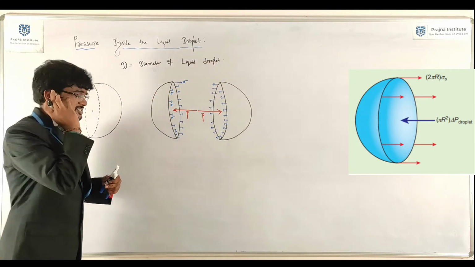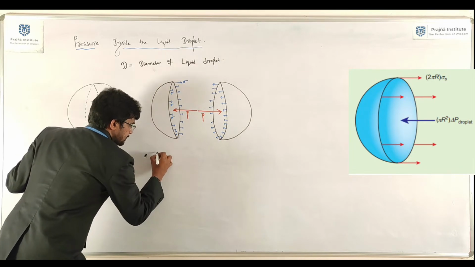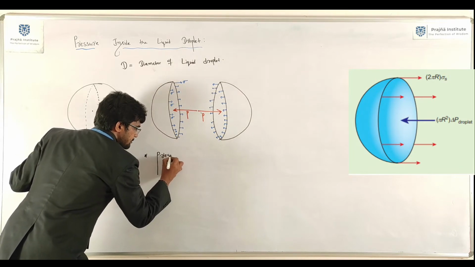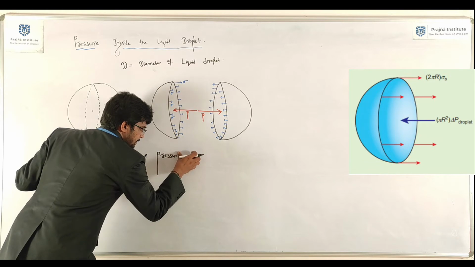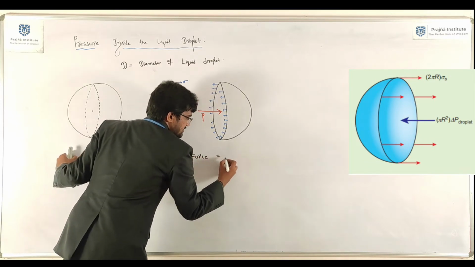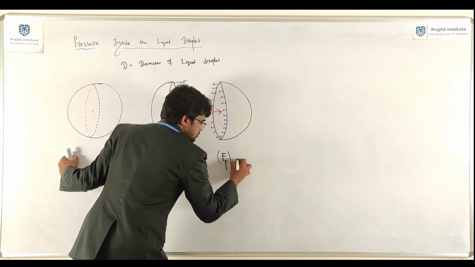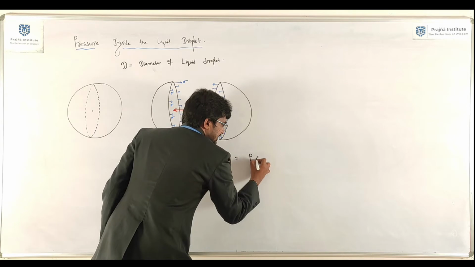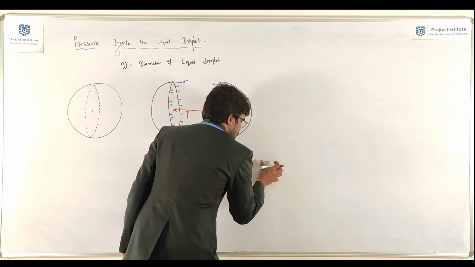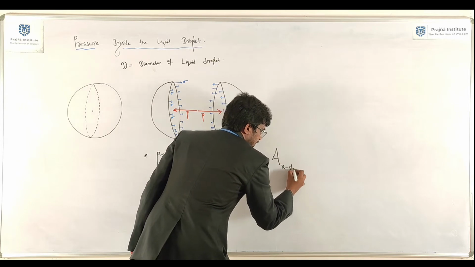It is very simple actually. Pressure force Fp equals pressure into cross sectional area.